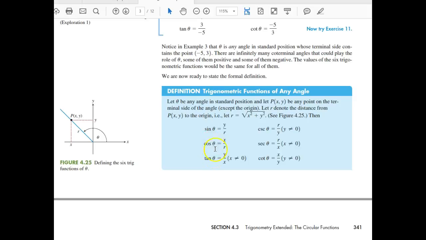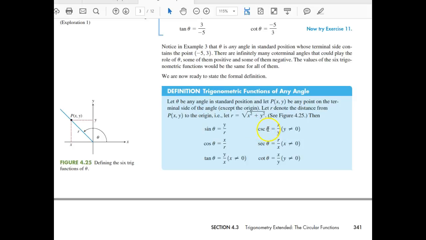We could define all 6 of the trig functions in terms of the coordinates where the rotation stopped and the length of the hypotenuse, or the r value that extends from the origin out to that point, which we can always find by Pythagorean's theorem. r squared is x squared plus y squared, as it shows right here.